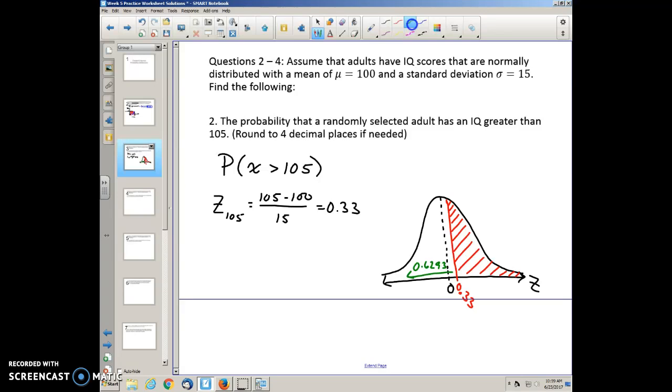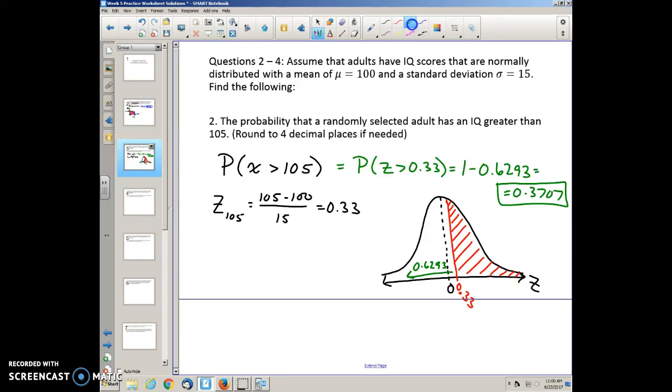So using the table, we would have to subtract that number from 1 because the total area under the curve equals 1. So we're going to get 0.3707.